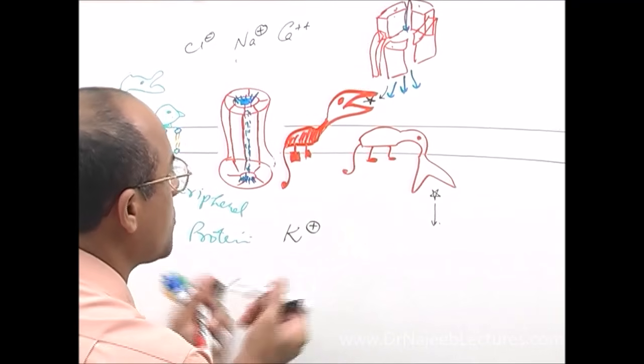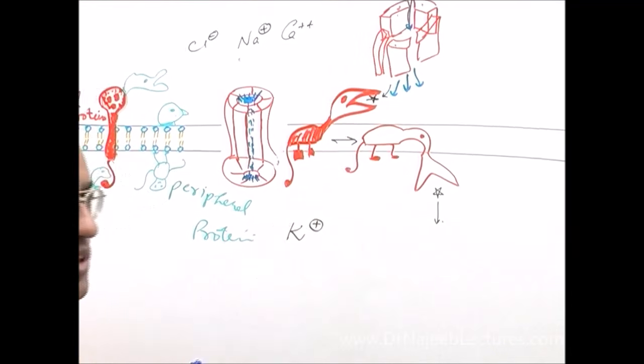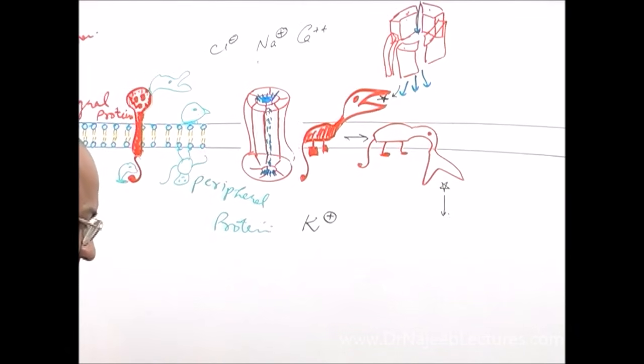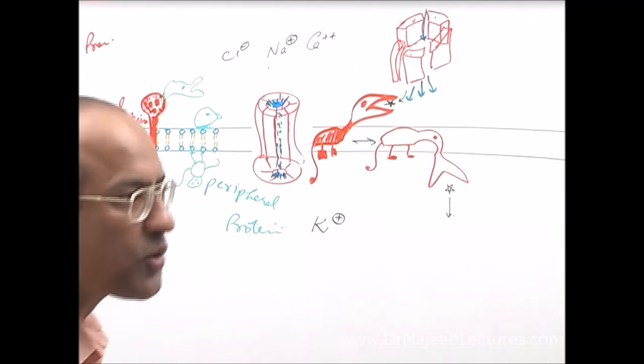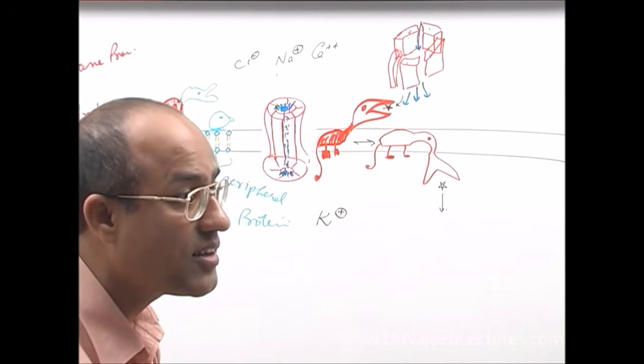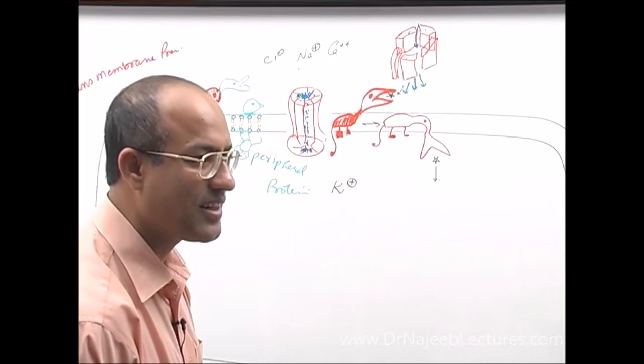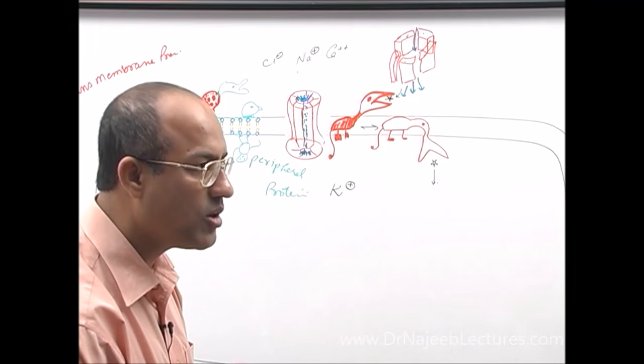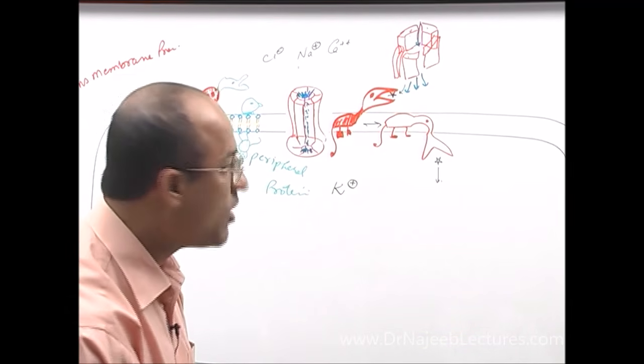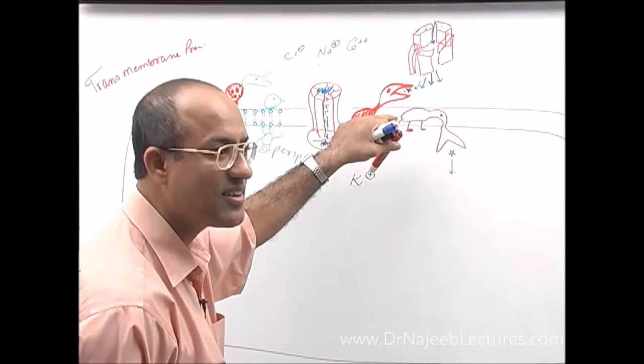So what has happened to this protein? This protein has altered its structure. Such alteration in protein structure is called transformation. Some proteins undergo some transformation when they bind with a substance, right?